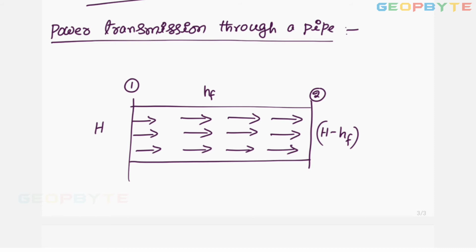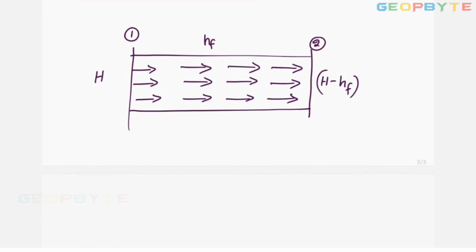The inlet head of the water is H. While the liquid is flowing through the pipe, some head loss is occurring due to friction. Then the net head available at the outlet of the pipe is H minus HF.